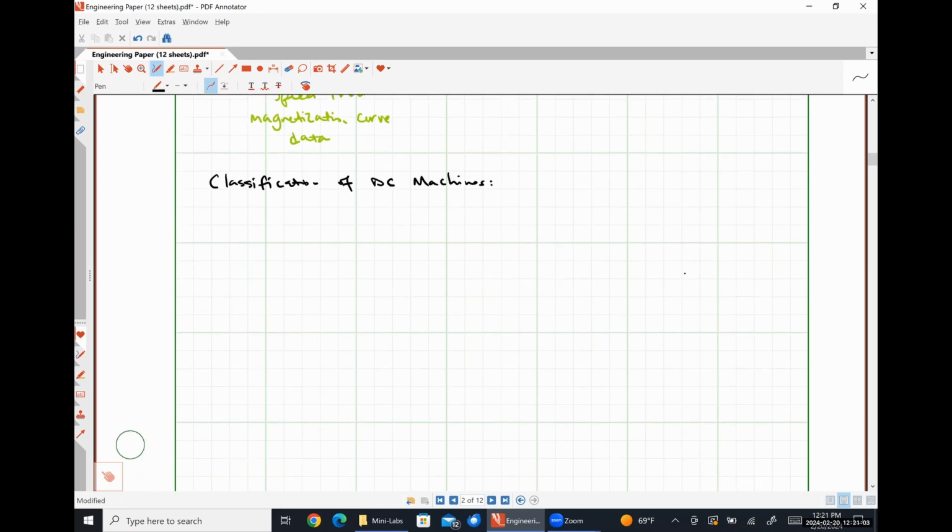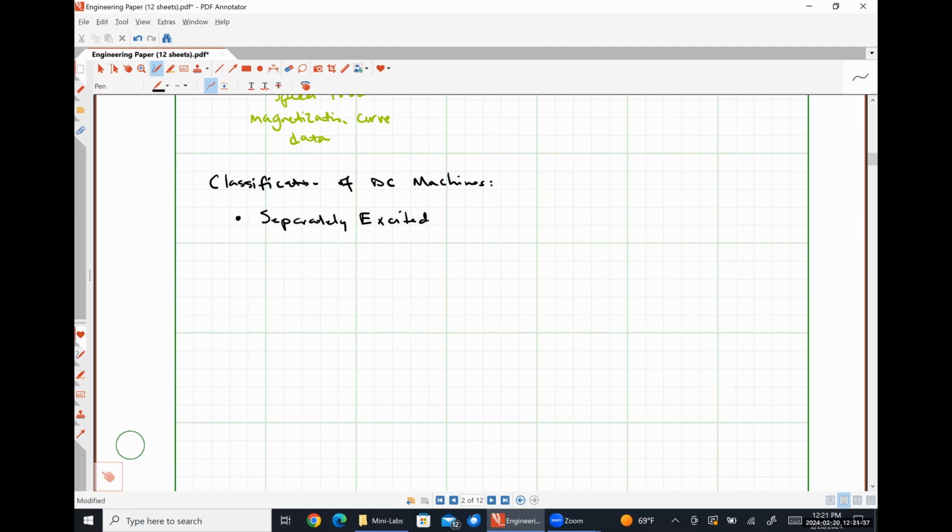So the first way that we're going to look at is what's called separately excited. So in a separately excited DC machine, effectively the field circuit and the armature circuit are excited by two different DC voltage sources. That's literally why it's called separately excited.